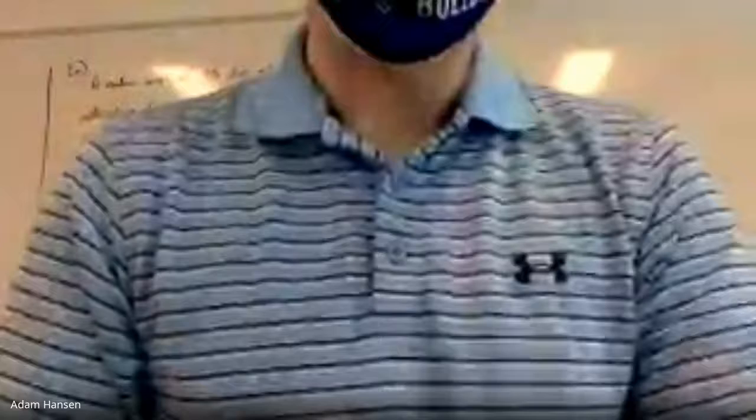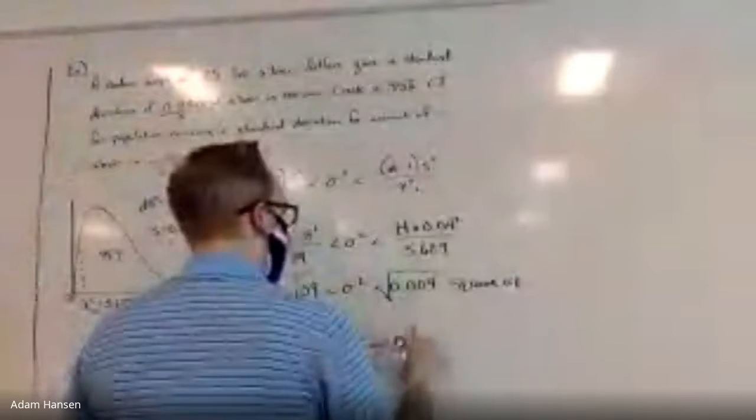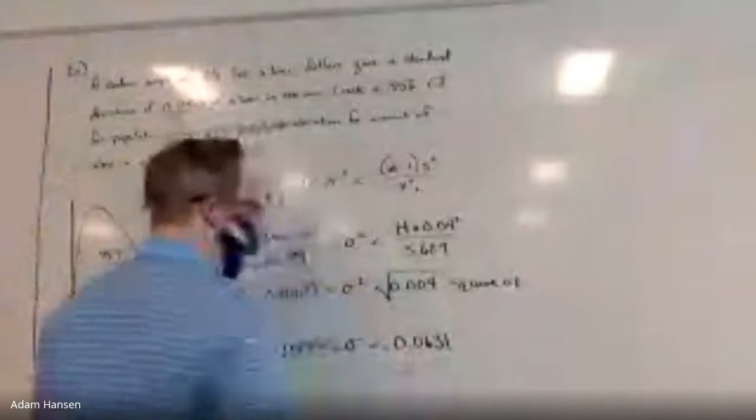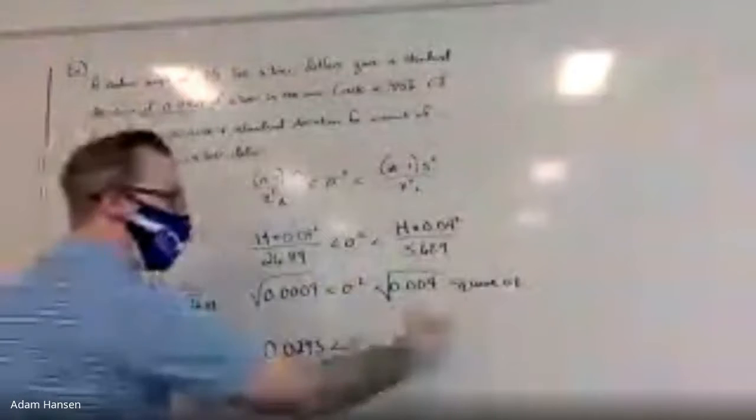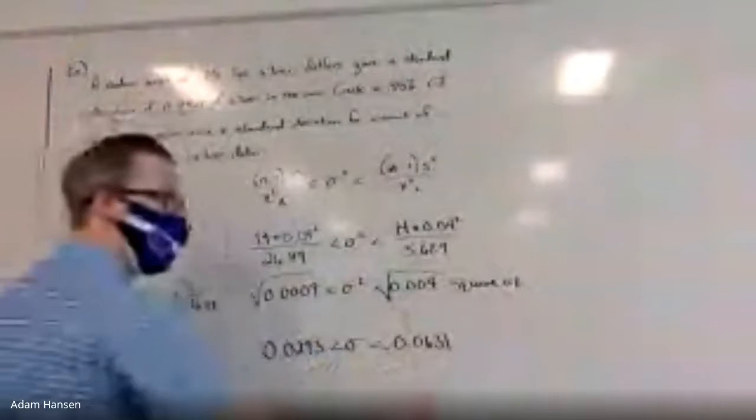Square root of that endpoint of our confidence interval, 0.0631. This confidence interval is not measured in square ounces, but ounces.